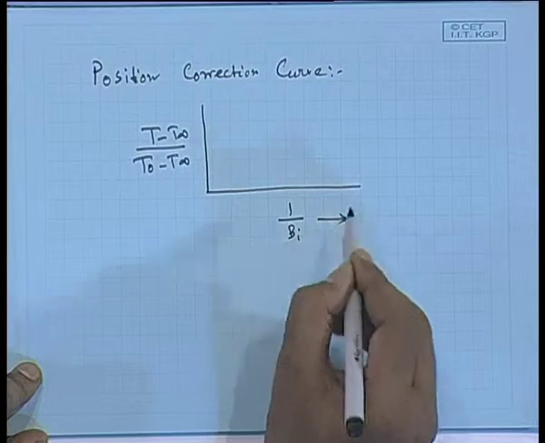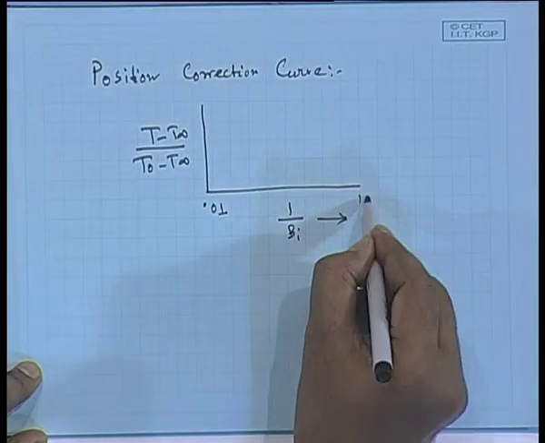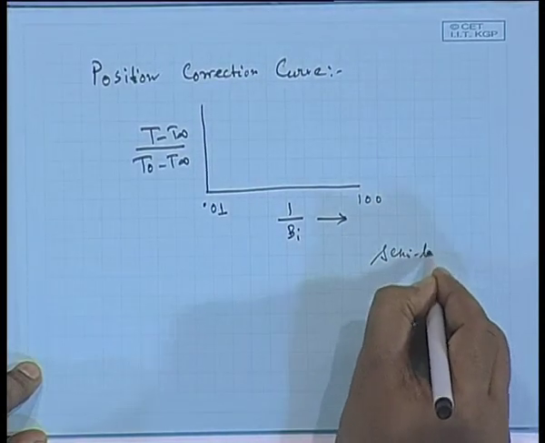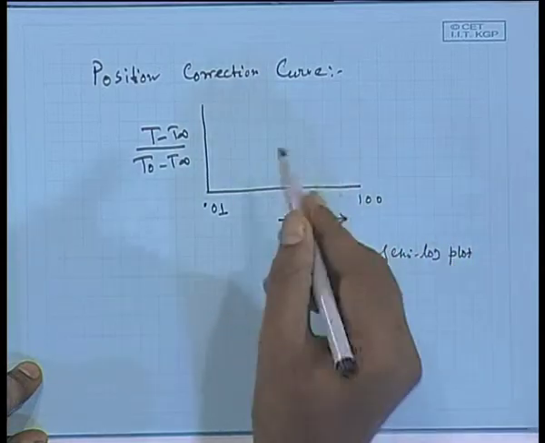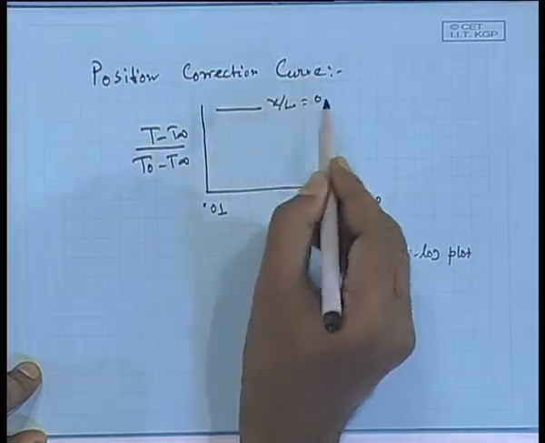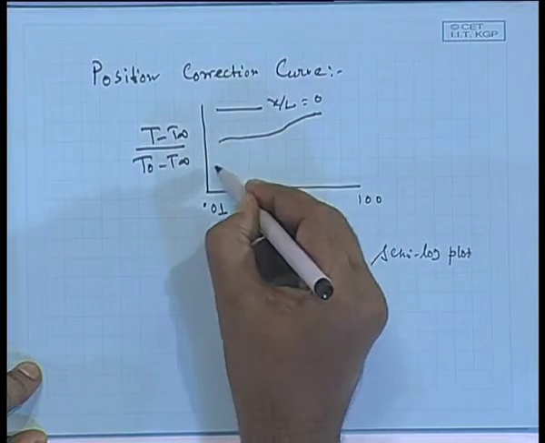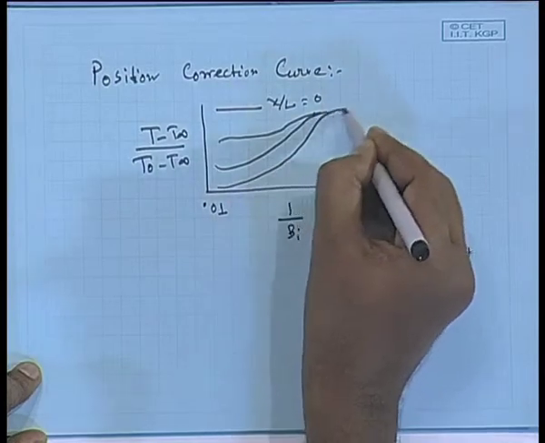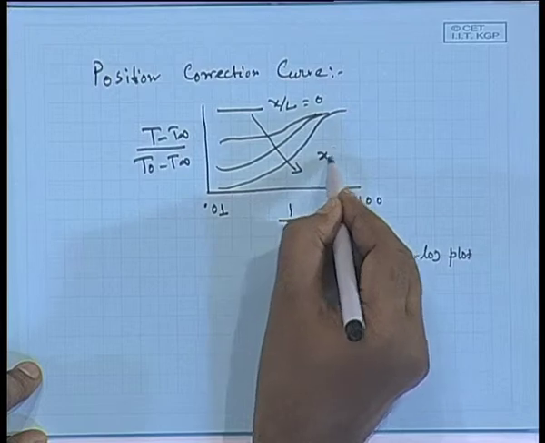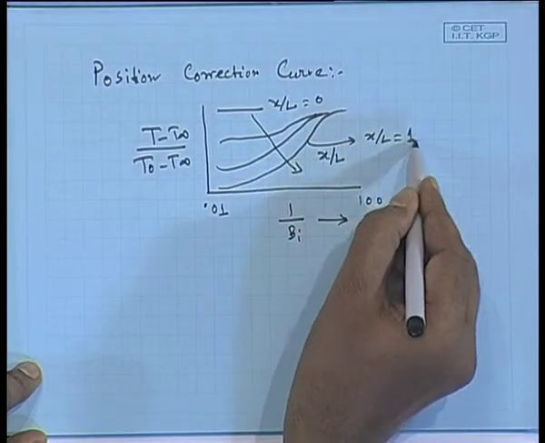They have plotted this, and it starts at a very small value 0.01 to let us say 100. Again it is a semi log plot. Then this is x by L equal to 0, and then you will be getting several solutions. Solutions will look something like this, and this will be x by L equal to 1.